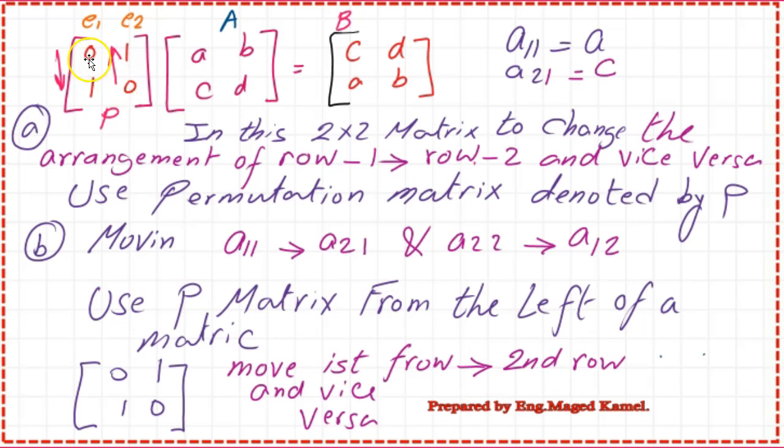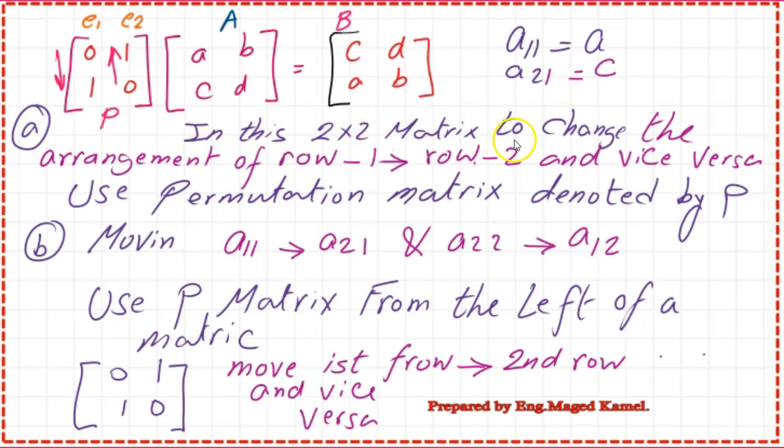What happens if we have 0, 1 as the first row? When we multiply 0, 1 by A, C, we get C here, and we have D here. While the row that is multiplied by 1, 0 will be changed. It will become A here in the second row first column, and we have B here in the second row second column.